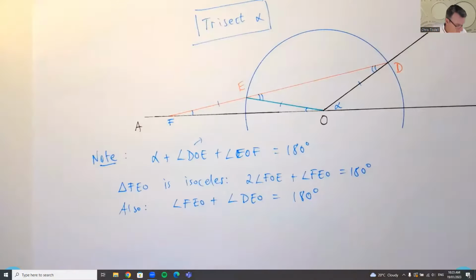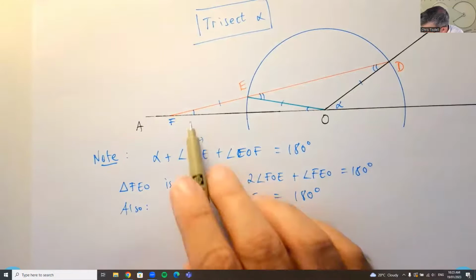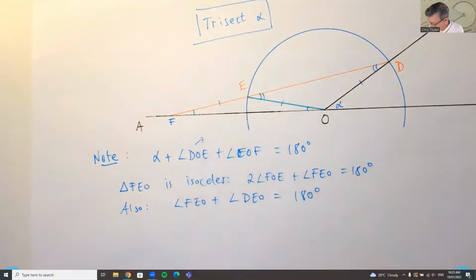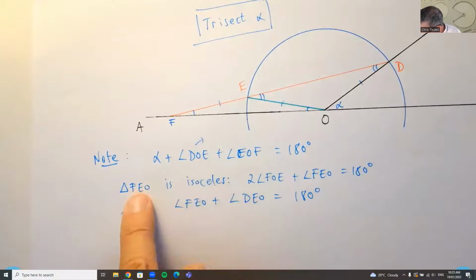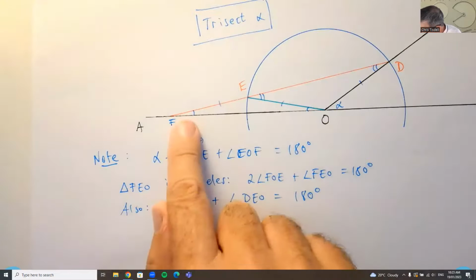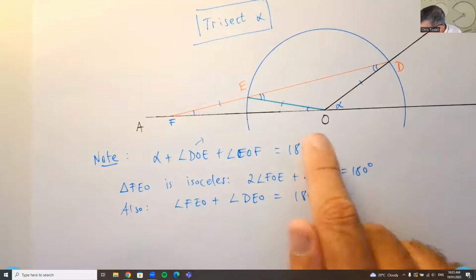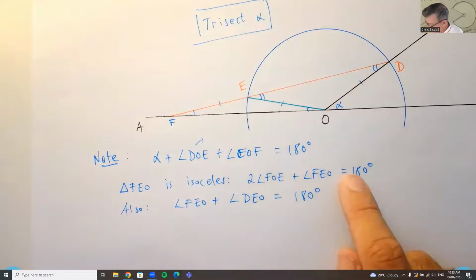Okay, great. All right, you can see here that we've got, hang on, let me adjust that. So triangle FEO is isosceles, so 2 FOE plus, oh, FEO, yes, that's right. Okay, so I thought I made a mistake.